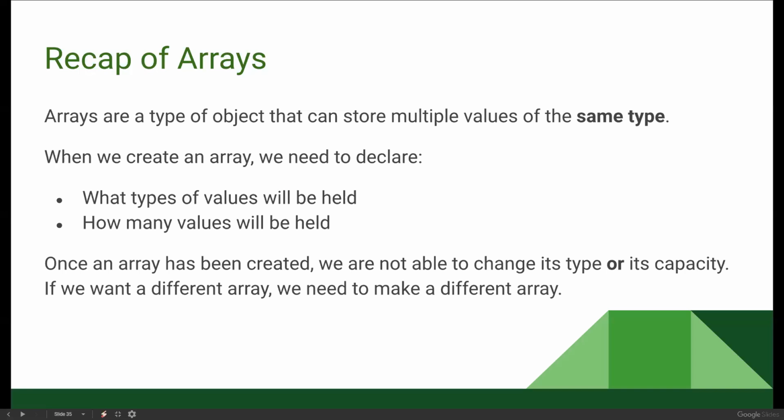Once we have created an array, we are not allowed to change either of those values. We cannot change what type it holds, nor can we change how many values it will hold. That is set in stone once the array has been created. If we want to make a different array, we need to make a different array. We cannot change the ones that we've already created.